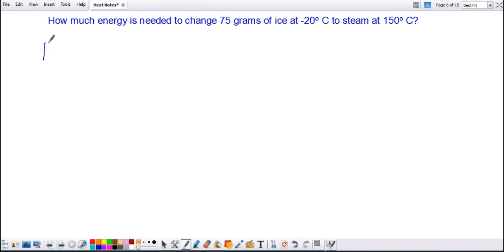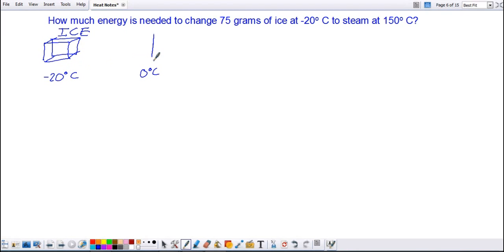We're going to start off with ice, and that ice is at a temperature of negative 20 degrees Celsius. The first thing I'm going to have to do is raise the temperature. But when I get to 0 degrees Celsius, something is going to happen.